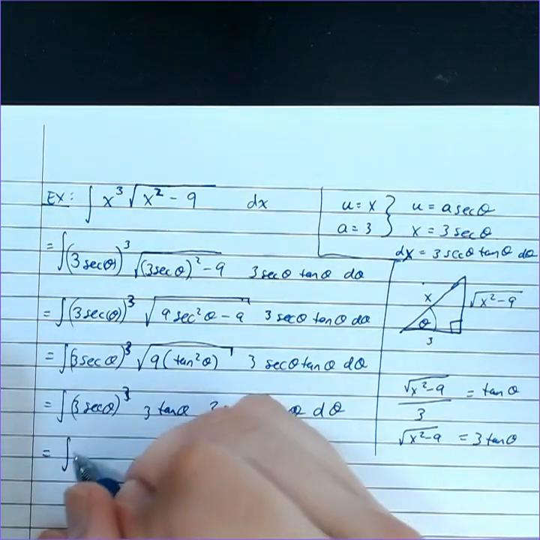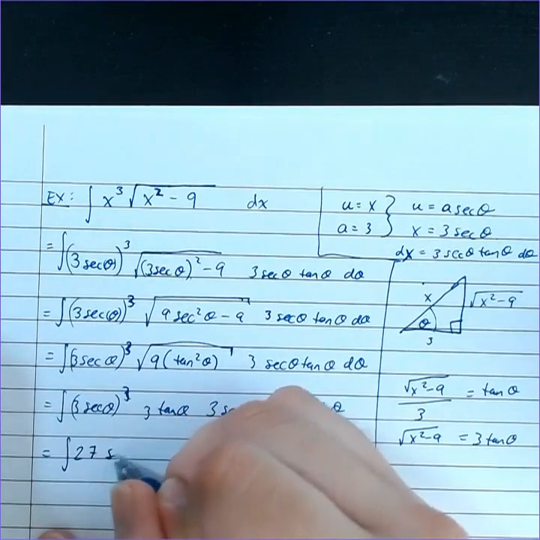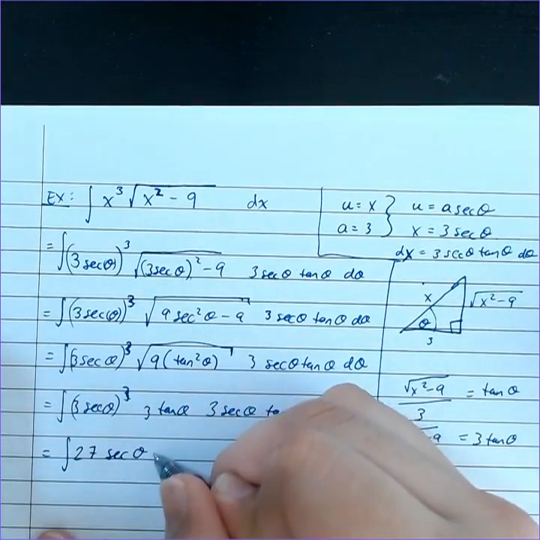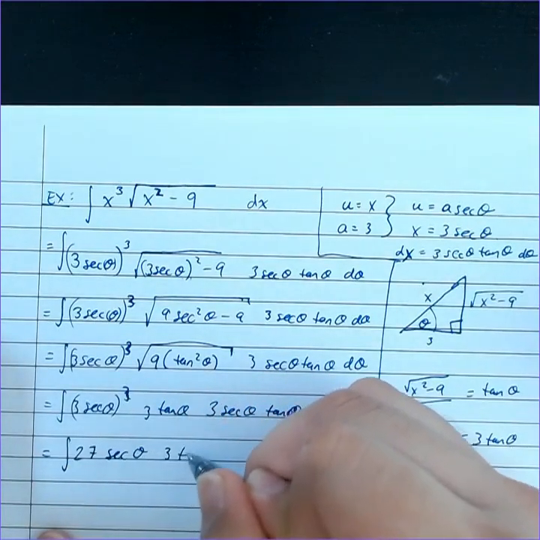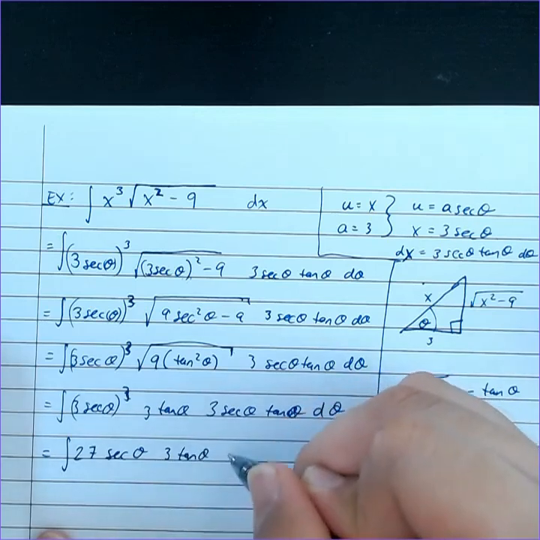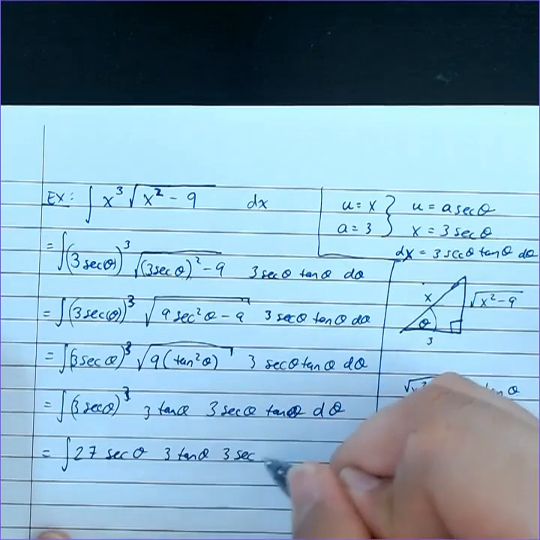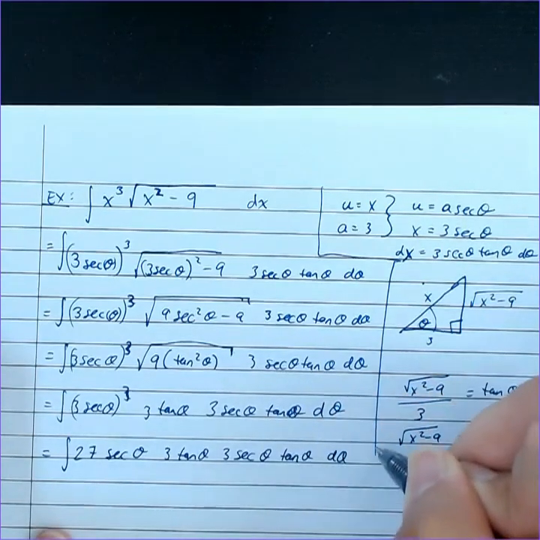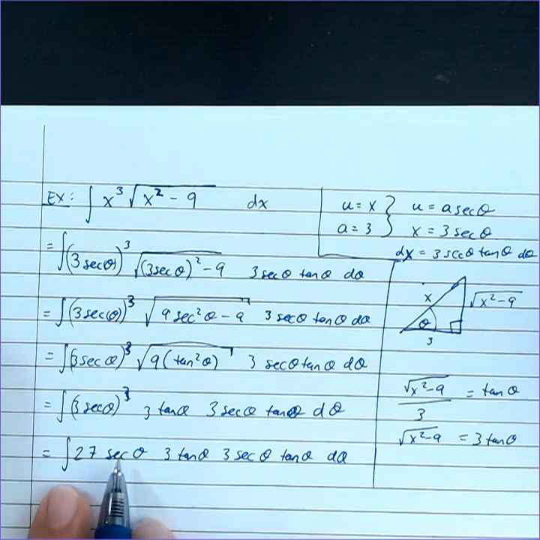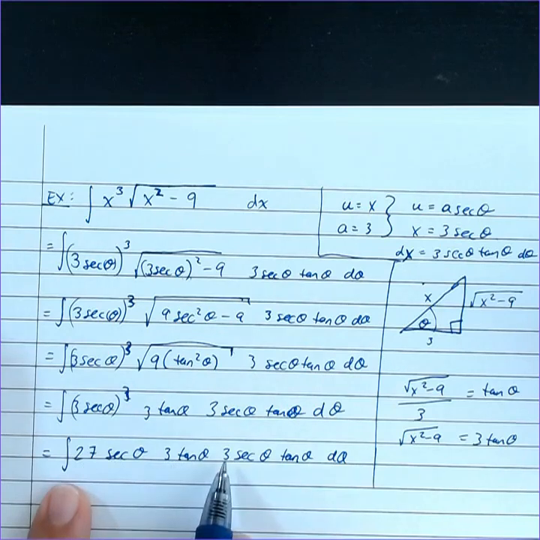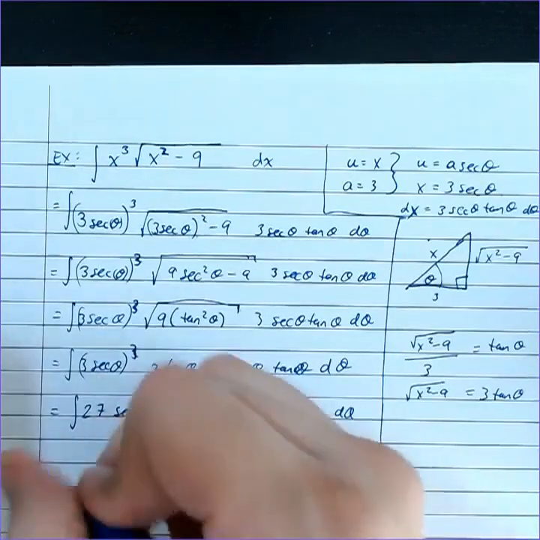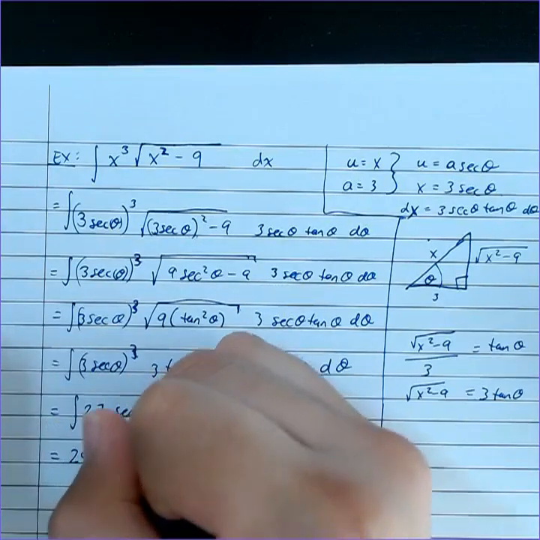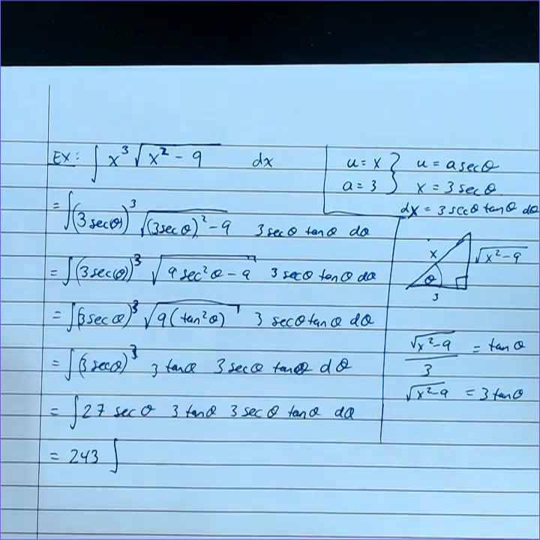That's going to be 3 to the third is 27 secant of theta times 3 times tangent of theta times 3 times secant of theta times tangent of theta d theta. I have a bunch of constants. 27 times 3 is 81. 81 times 3 is 243. So let's go ahead and take all that out. 243 times the integral.